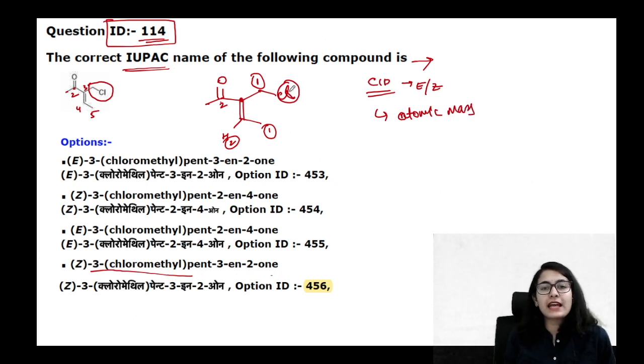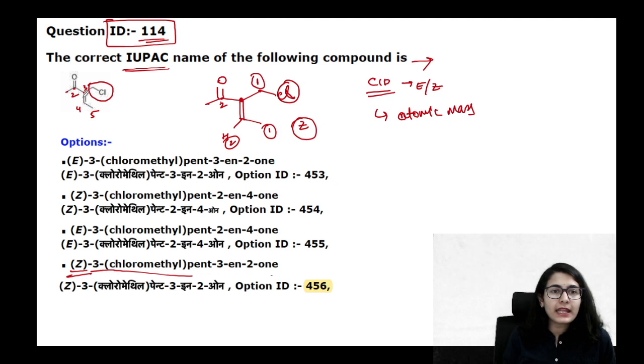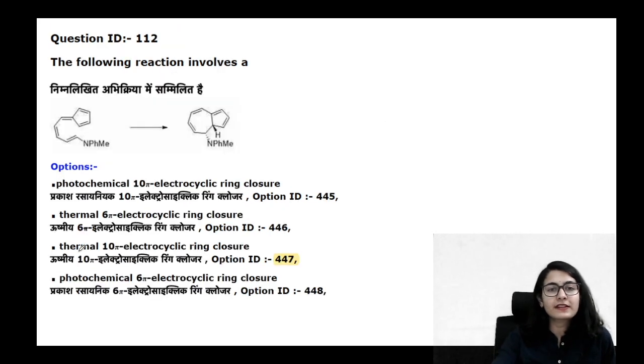Nothing else. So Cl has a greater atomic mass than oxygen and the central one is a carbon. So it's going to be a Z alkene. Very, very simple. Z, 3-chloromethyl, pent-3-en-2-one, like that. So this is the correct answer based on the IUPAC.